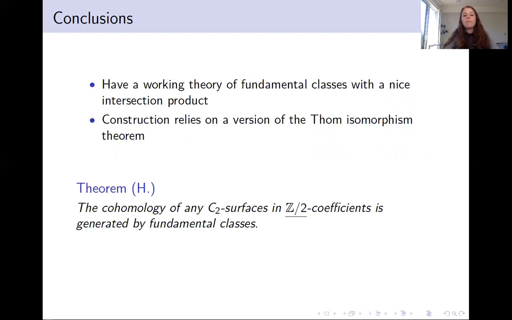I had done these computations for C2 surfaces, and one of the theorems proved in this paper is that the cohomology of any C2 surface with constant C2 coefficients is indeed generated by fundamental classes. So these classes have a nice theory, and they really do help you understand these computations for C2 surfaces.